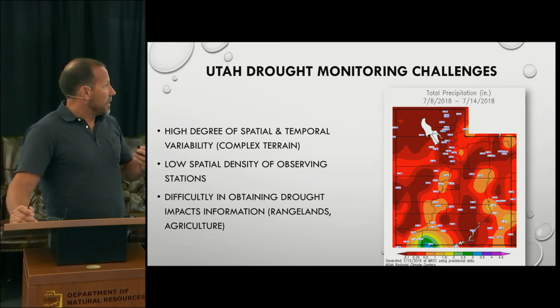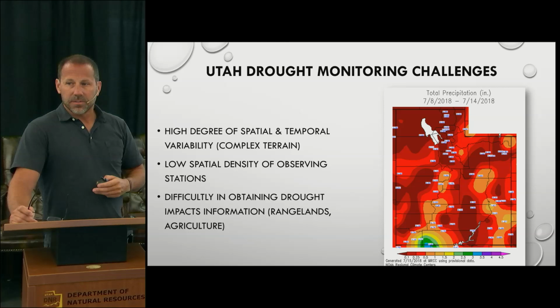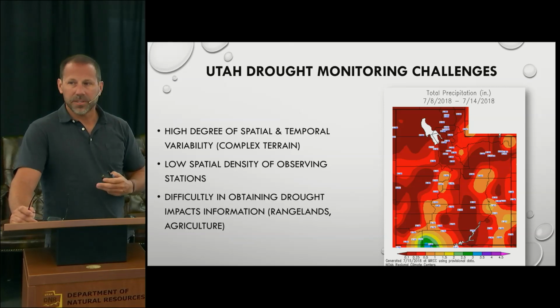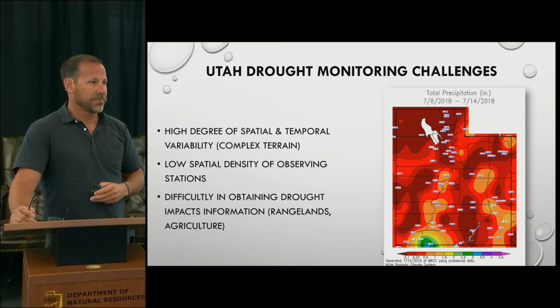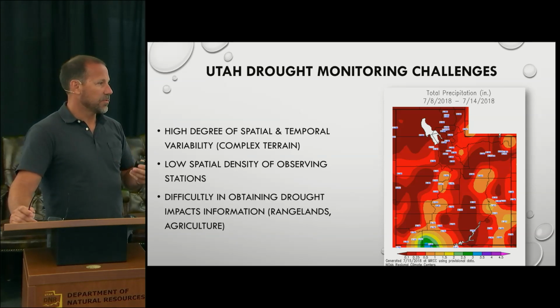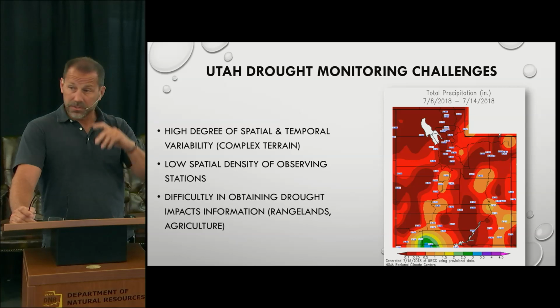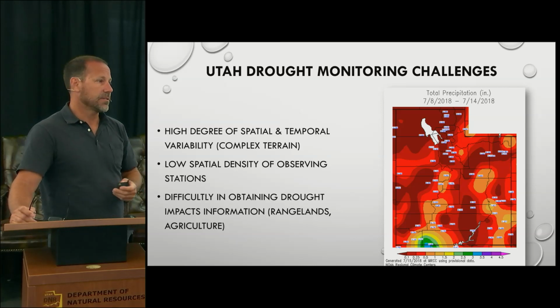And then just kind of wrapping things up, some of the drought monitoring challenges in Utah that we have, and these are pretty much across the board in the western U.S. They're not particular to Utah, but drought monitoring is difficult because of the high degree of spatial and temporal variability in climate, and that's mainly related to a couple things.